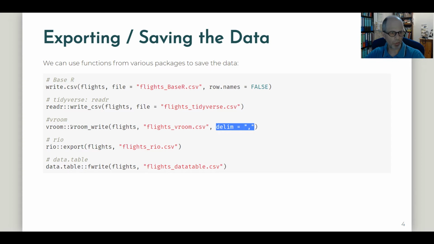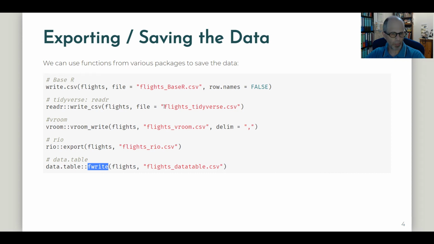Also for vroom, we have a function that is a bit more general, vroom_write, but vroom is dedicated to delimited files or flat files, so it's not as general as rio, which can export and import more different file formats, and we don't have to worry about different functions. We can just specify the export function. And data.table has a dedicated function, fwrite.